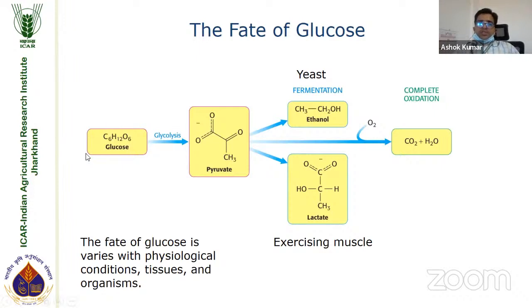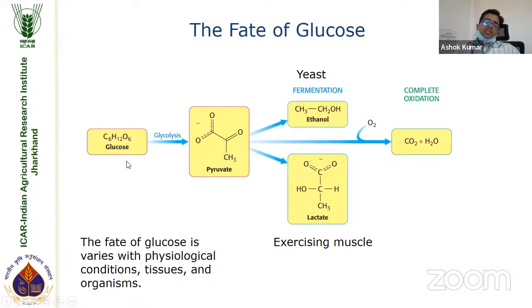Glucose is a basic carbohydrate, or sugar, which is the end product of digestion. Not only glucose but all the hexoses like galactose and mannose, these are the end products of digestion.